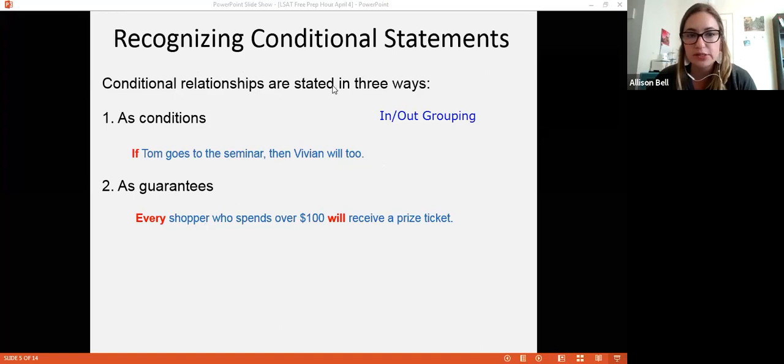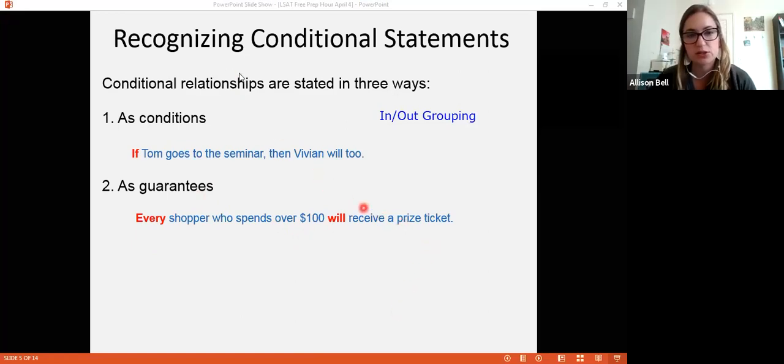You will also see statements that have a strong guaranteed relationship, but that aren't worded with the if-then. So for example, every shopper who spends over $100 will receive a prize ticket. This uses language that 100% guarantees if you are a shopper who spends this much, you will receive a prize ticket.